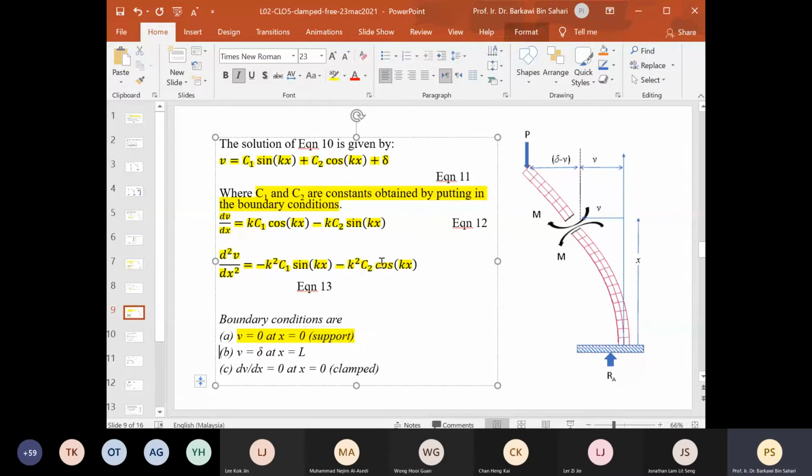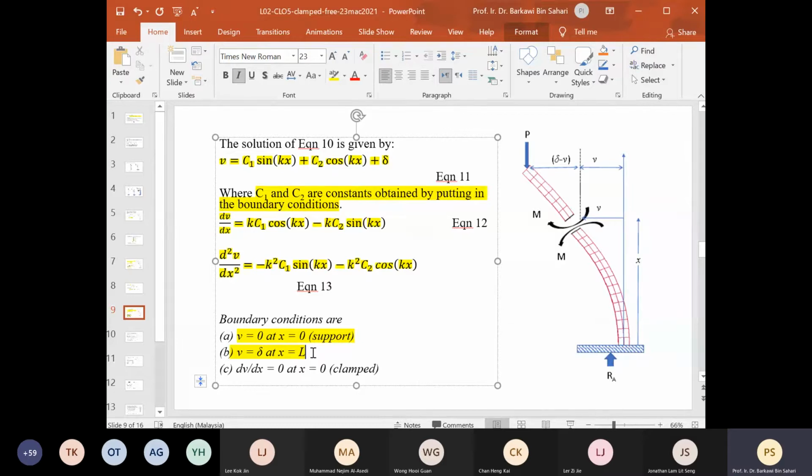It is not the type of support we are talking about, it is the support. It is supported at that point, then v is 0. There is no deflection at the support. Now, the second boundary condition is at x equal to L, v equal to delta. Okay, this is the free end.